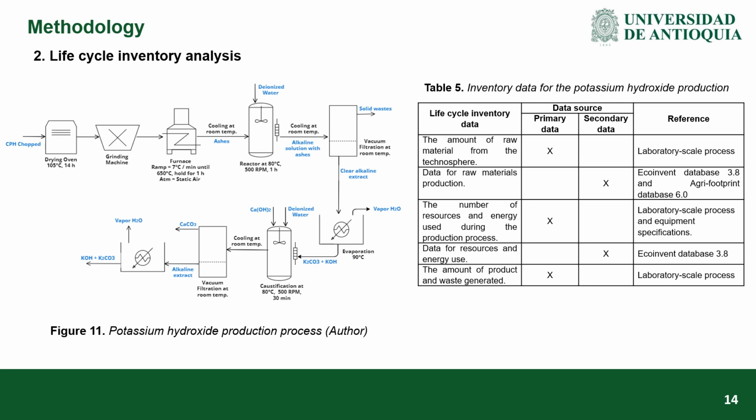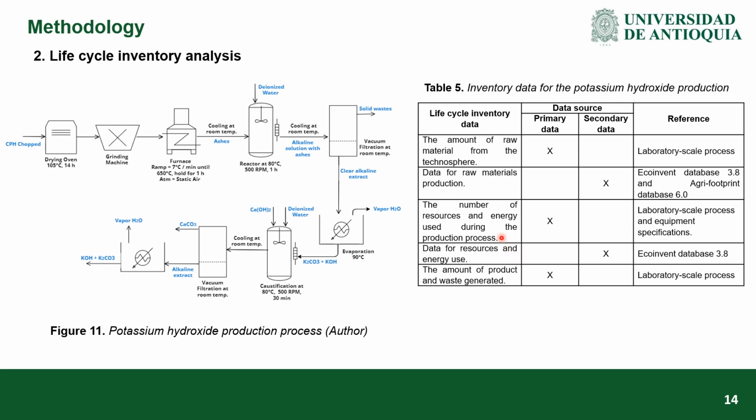For the potassium hydroxide production, the amount of raw material from the technosphere, which corresponds to the CPH, deionized water, and calcium hydroxide, were primary data taken from the laboratory scale process. The data for these raw materials were secondary data taken from the database.